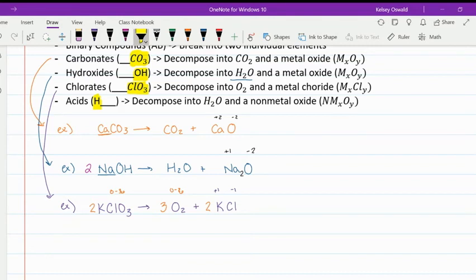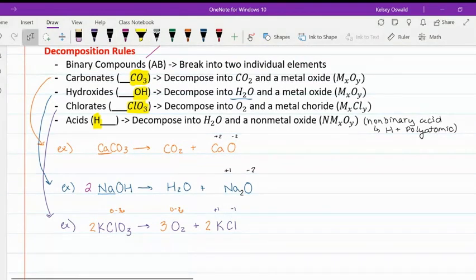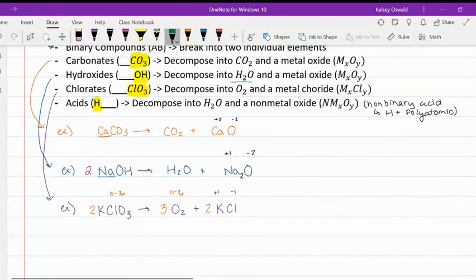Okay, so we are talking about non-binary acids. So that means we have more than just 2 elements, because if we only had 2 elements, then that would be a binary compound. Okay, but if we have an acid that's non-binary, or with a polyatomic ion, that's H plus a polyatomic ion, then we're always going to decompose into water and a non-metal oxide.